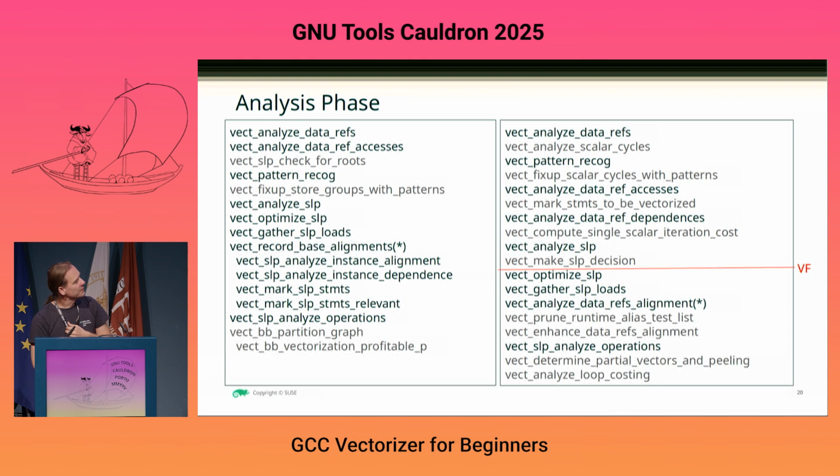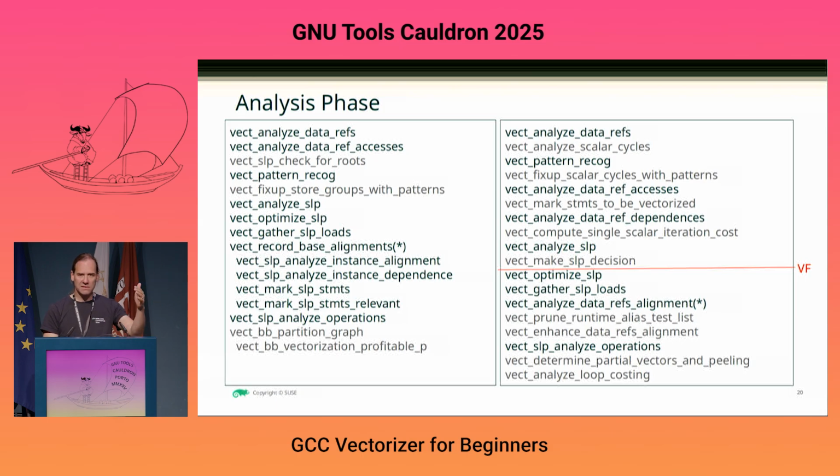And then for loop vectorization, we are at that point analyzing the dependencies of the data references in the loop. When there is no dependence, everything is fine. When there is a dependence that we don't know about, then we schedule that for the loop versioning runtime check.